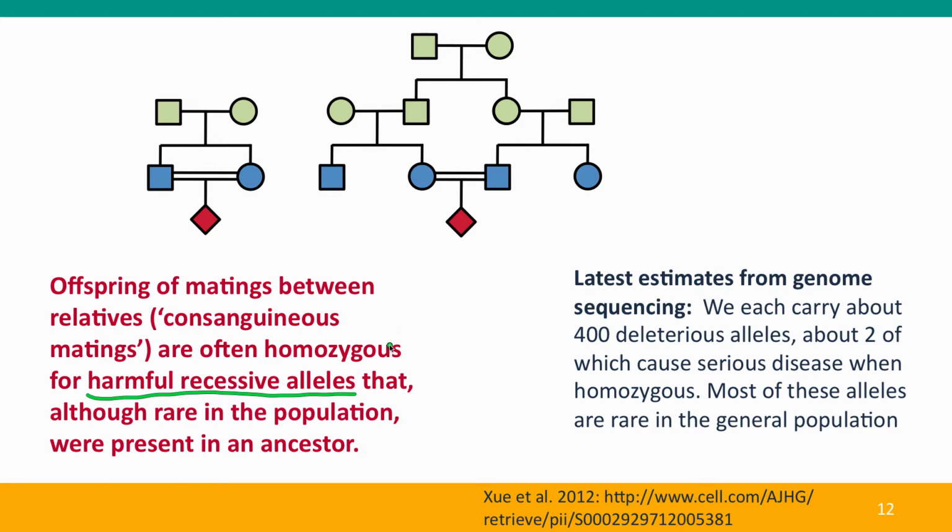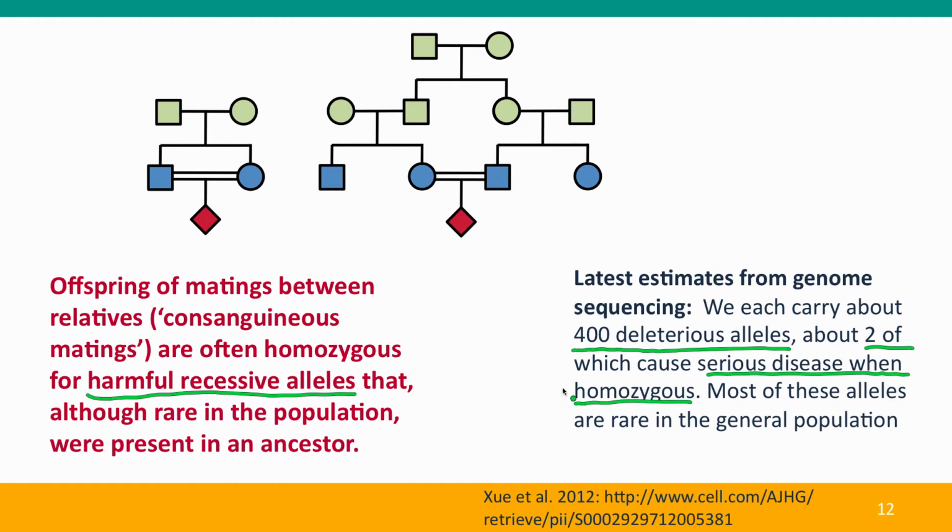How big a problem is this? Well, we have good estimates now from genome sequencing. And that says that we each carry about 400 harmful alleles that are not expressed in us because they're heterozygous. These are relatively rare alleles. And it's expected that about 2 of these alleles, so we each carry about 2 alleles that would cause serious disease if they were homozygous.